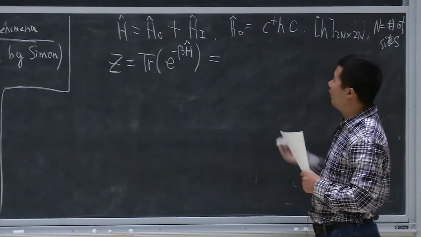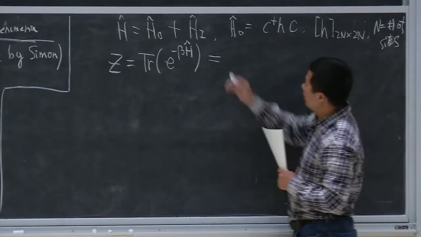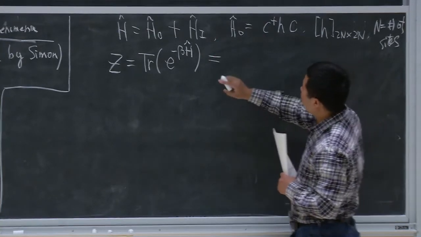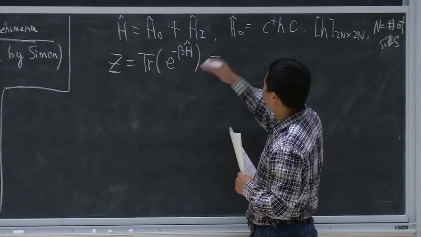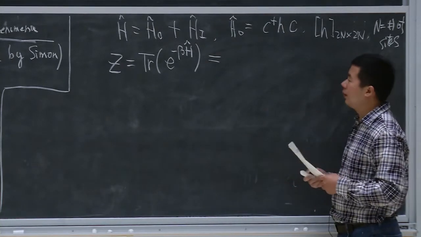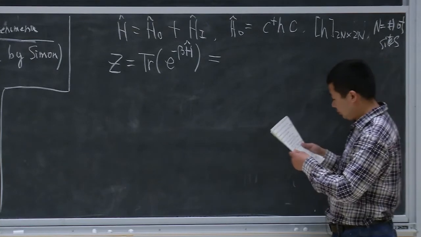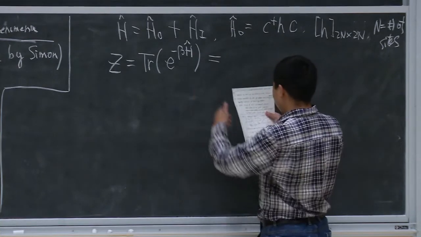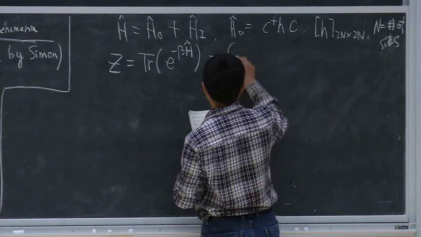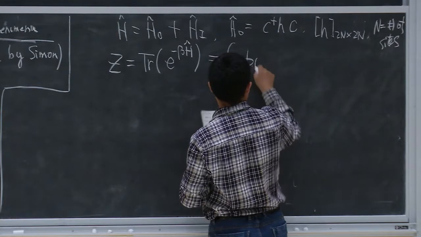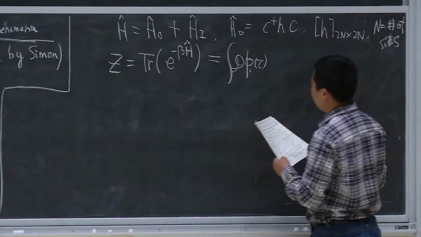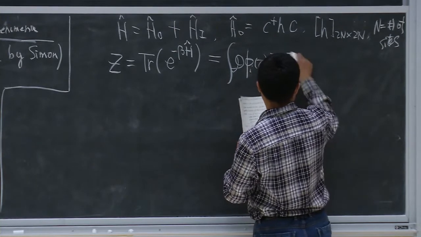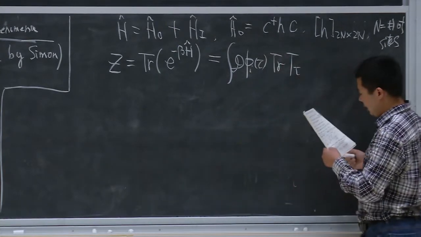So we need to convert this interaction into some fermion bilinear. As Simon nicely discussed yesterday, we can do some sort of Hubbard-Stratonovich transformation. And the trace of e to the minus beta H after the Hubbard-Stratonovich transformation can be converted to this form. It's kind of a path integral.